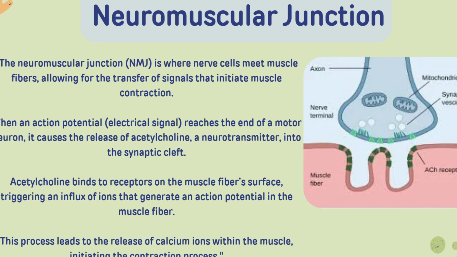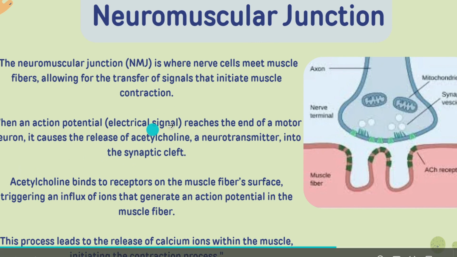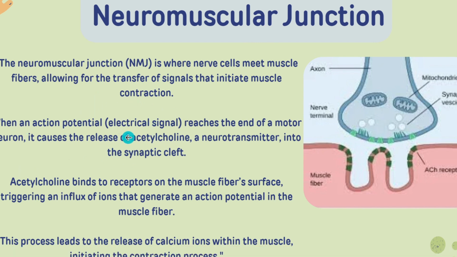The NMJ is where nerve cells meet muscle fibers, allowing for the transfer of signals that initiate muscle contraction. When an electrical action potential reaches the end of a motor neuron, the neuron that sends commands, it causes the release of the neurotransmitter acetylcholine into the synaptic cleft.